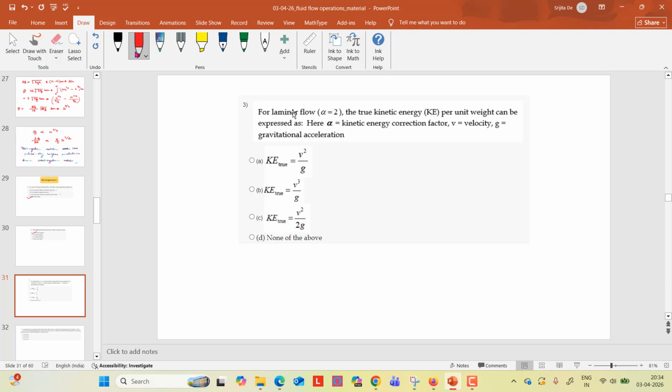For laminar flow, alpha equals 2 and true kinetic energy per unit weight can be expressed as this.